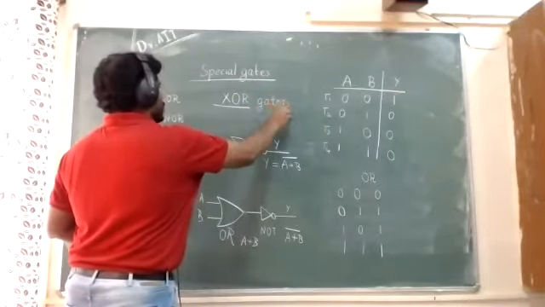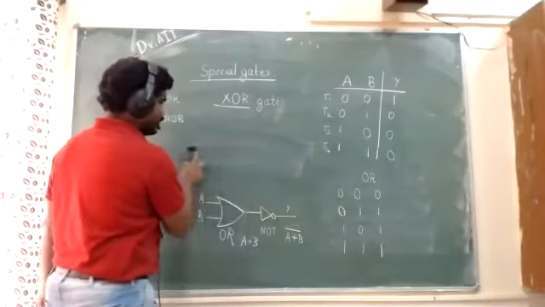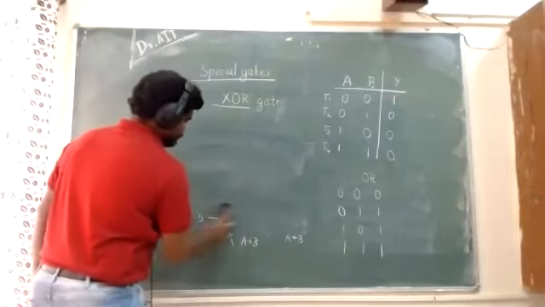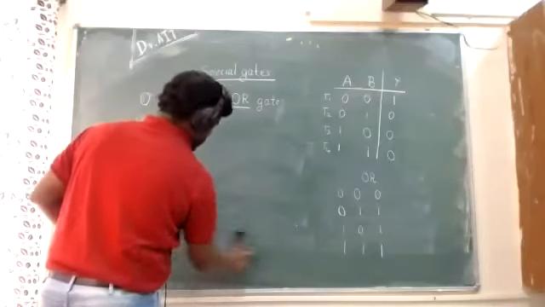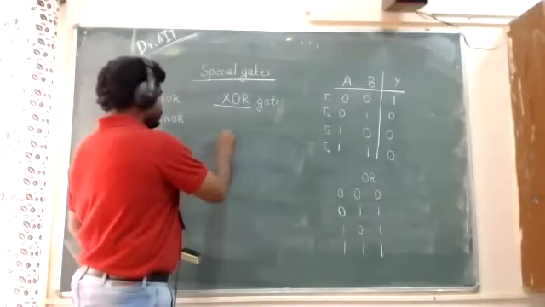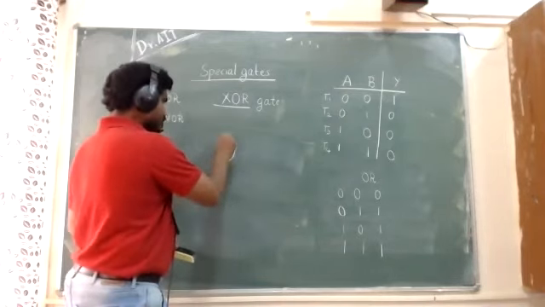And coming to the symbol of the XOR gate, it will be like this. So you have the symbol of the XOR gate like this.